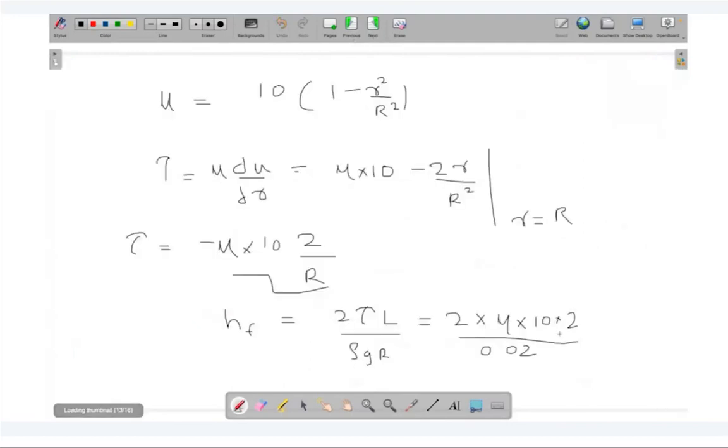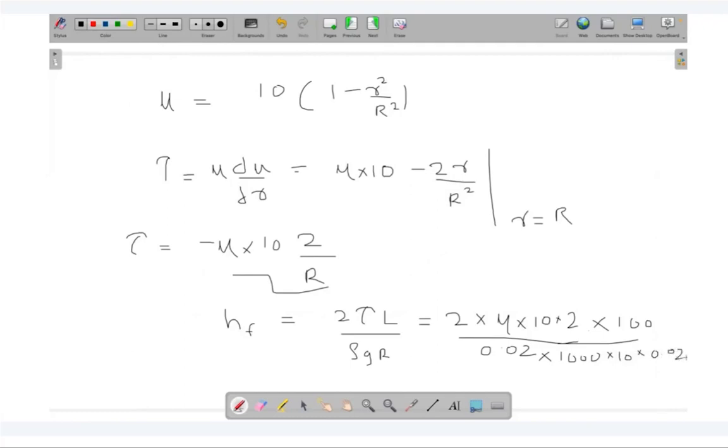The length is 100. The density of water is 1000. Acceleration due to gravity is 10. And r is 0.02 meters.